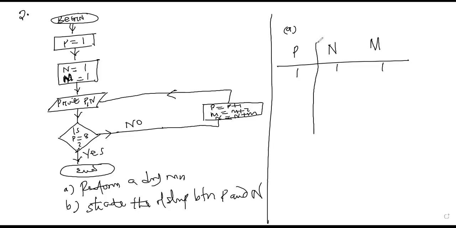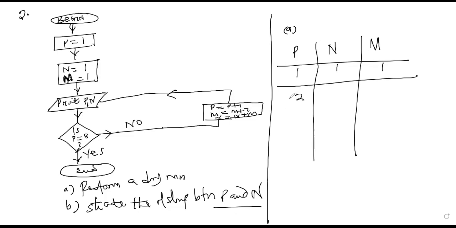Okay, so now they are telling you that if P is not 8, we want to print P and N. That's why even the relationship is about P and N, what you're printing out. But if P is not 8, we increase P by 1. So the new P will be 2.